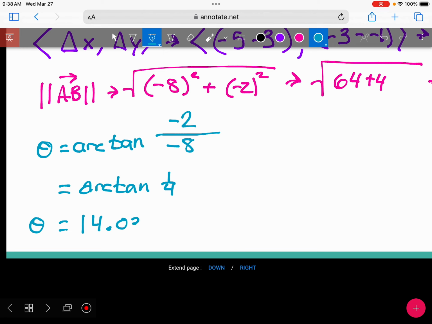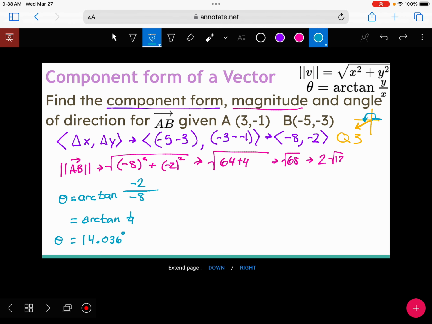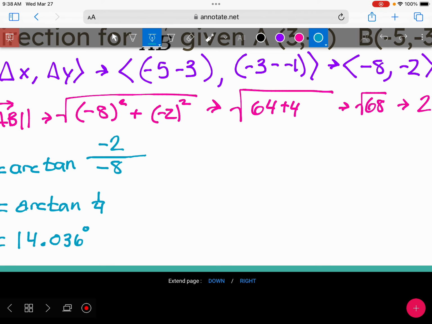I'm going to do 3 decimal places because it's what I wrote down. 14.036 degrees. Is that in quadrant 3? That's in quadrant 1. That's way up here. What do we need to do to make this be our quadrant 3 angle? We're in degrees. Add 180. Because in that domain of our inverses, it only gives us half of our circle.